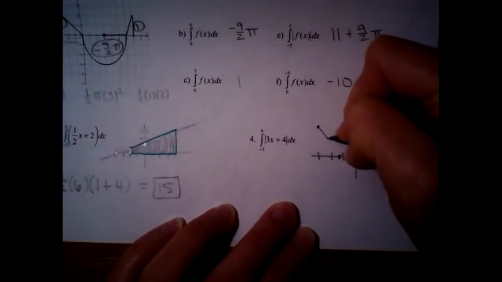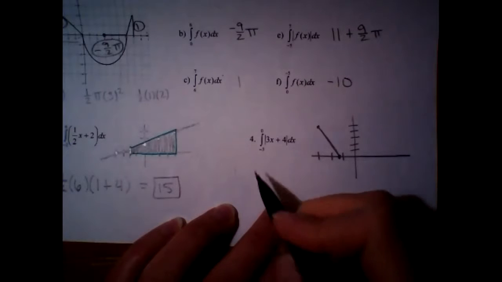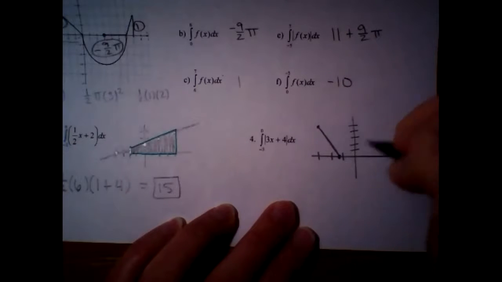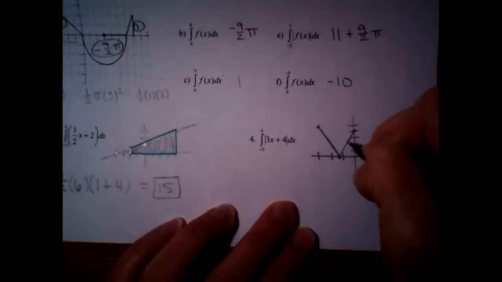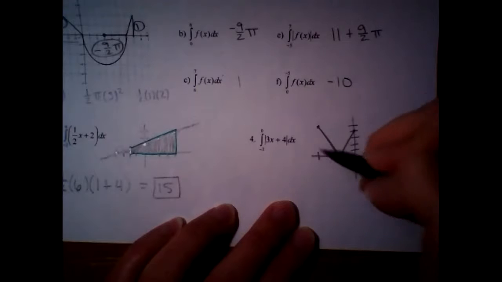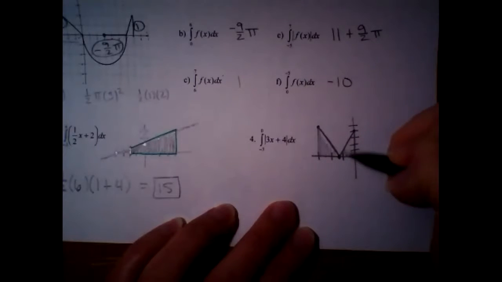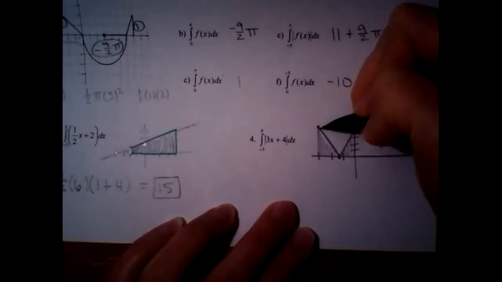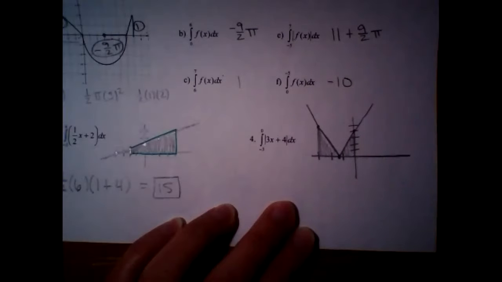So this is the one side of the V shape. And then if you plug in 0, you're going to get 4. So this is the other side. Now, obviously, the graph keeps on going forever and ever, but we only want the area from -3 to 0. So like this graph keeps on going here. But we only want the area from -3 to 0.